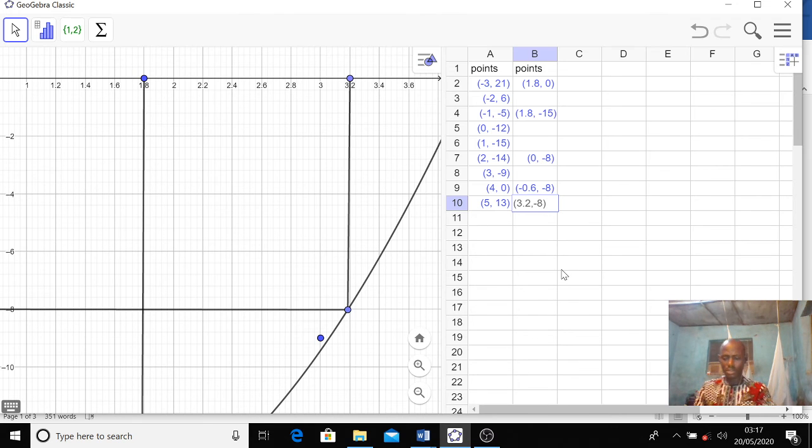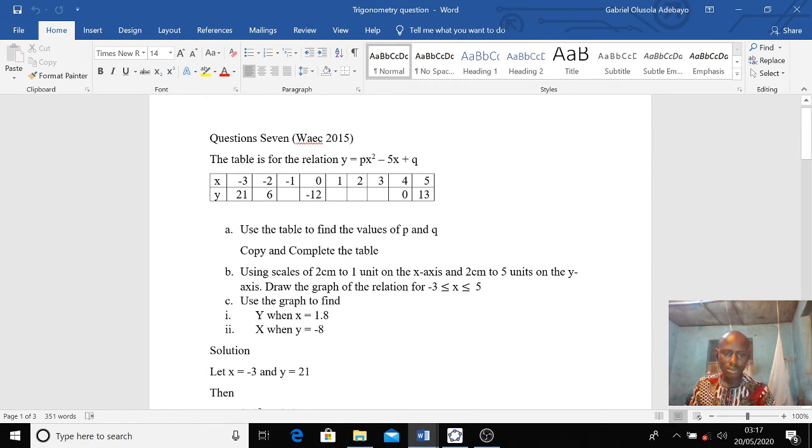Is this correct? You said when y equals minus 8. Okay, it's correct. Thank God.